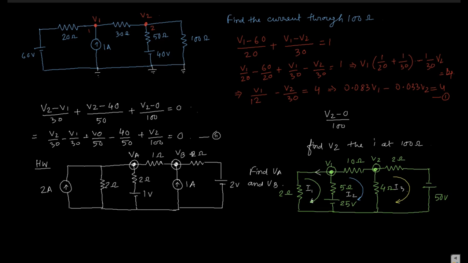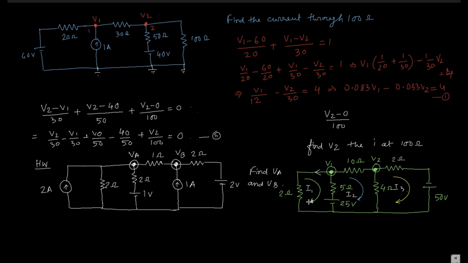As this is the current which you consider, and this is the direction of the current given in the question, these two are the opposite direction. So you can consider I1 as negative.